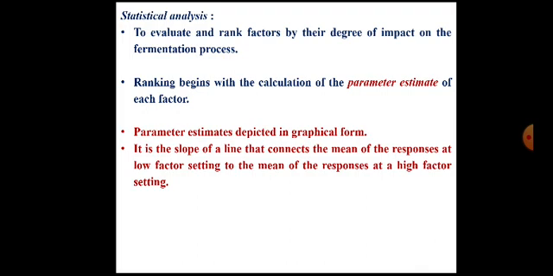Say for example, we'll calculate the parameter estimate value for cottonseed flour. The estimate, or the slope, for cottonseed flour is 1.55.